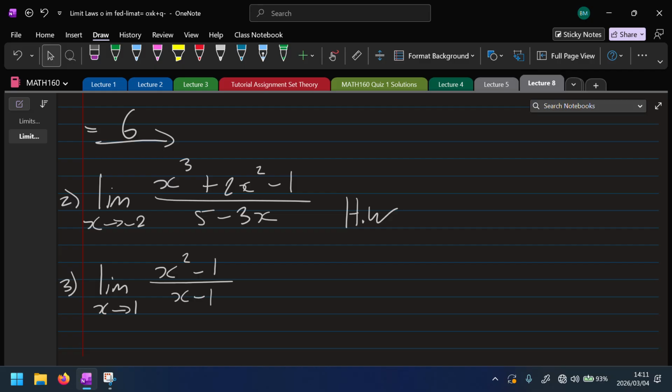So the limit for the bottom, what is that? When x goes to 1, the bottom becomes? Not undefined. It's the bottom, x minus 1 when x goes to 1.